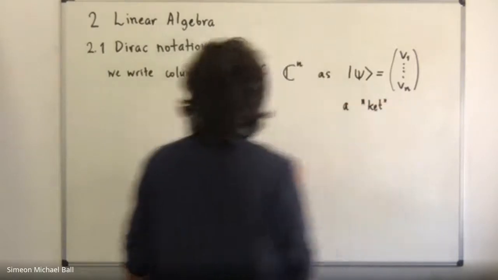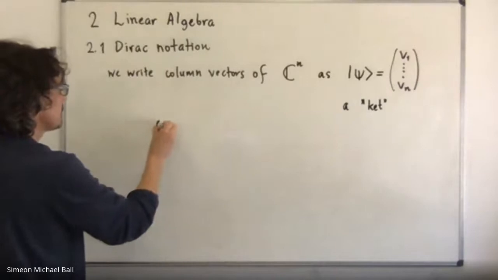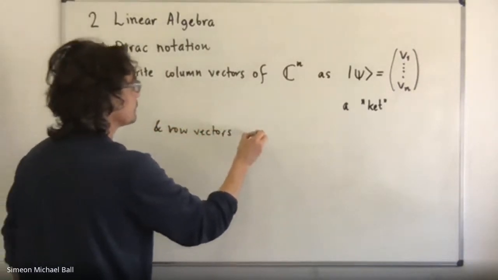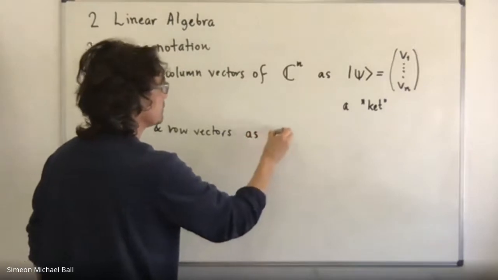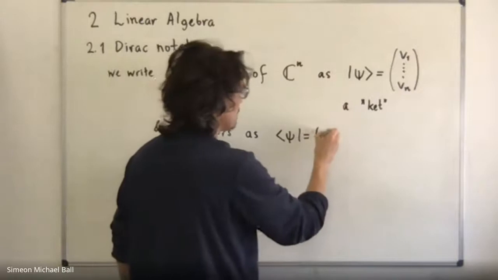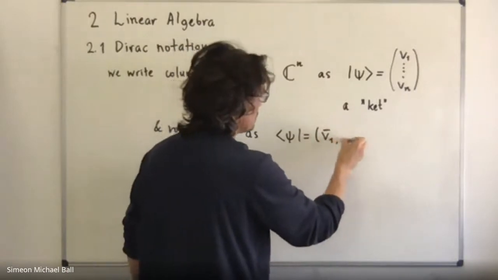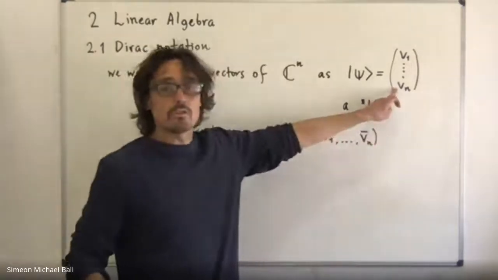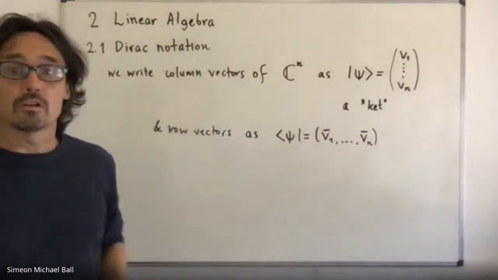And row vectors will be the bra, and the coordinates of this row vector will be the complex conjugates of the coordinates of the column vector psi.